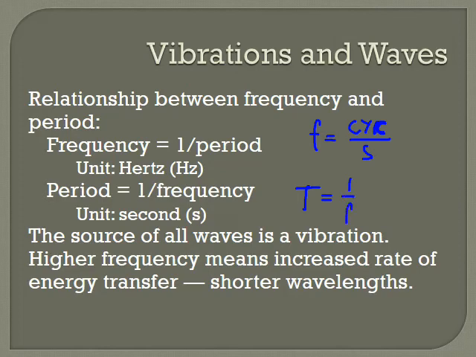So you figure out the period of a wave or of an oscillatory motion by taking 1 divided by the frequency. You're just flipping the units here, so it's seconds per cycle. It's how long it takes for the vibrating object to go through 1 full cycle of its motion. So they're inverses of each other.